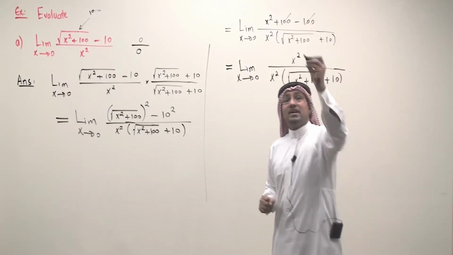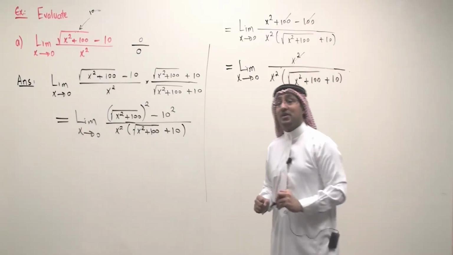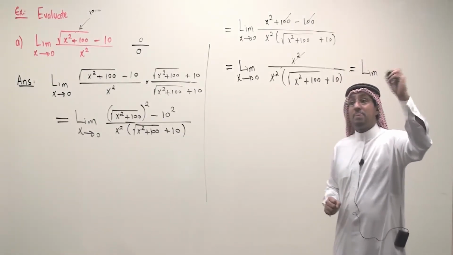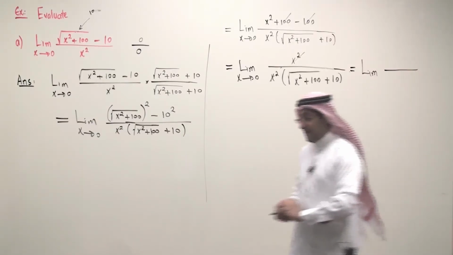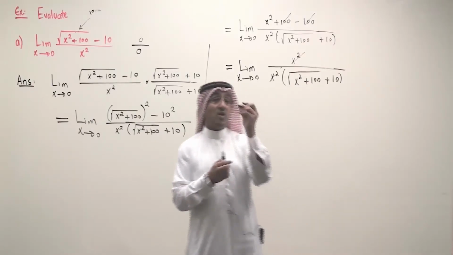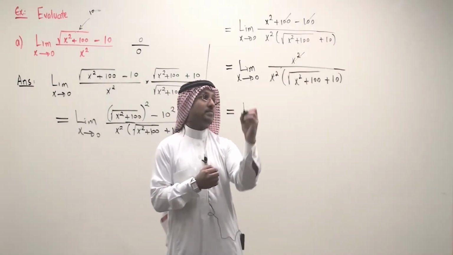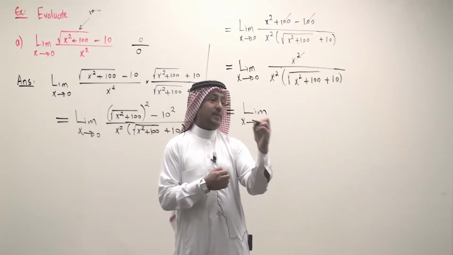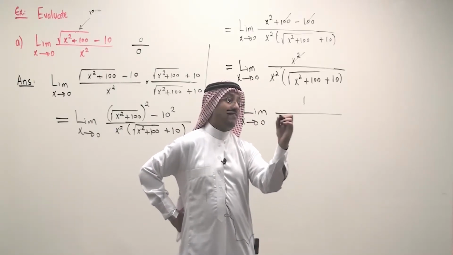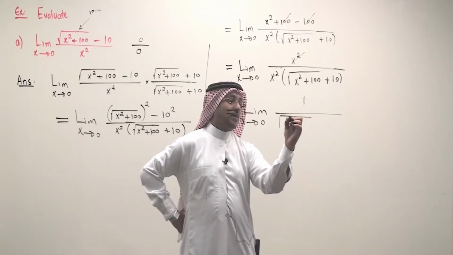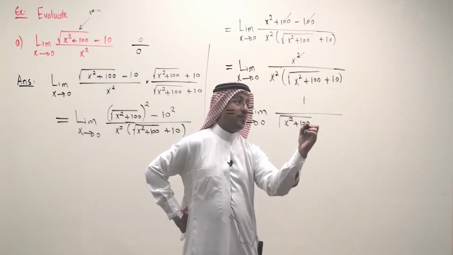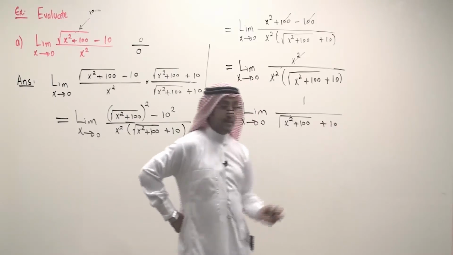As you see, this quantity simplifies with this quantity here, which makes it 1 over the limit as x goes to 0, 1 over the square root of x squared plus 100 plus 10.